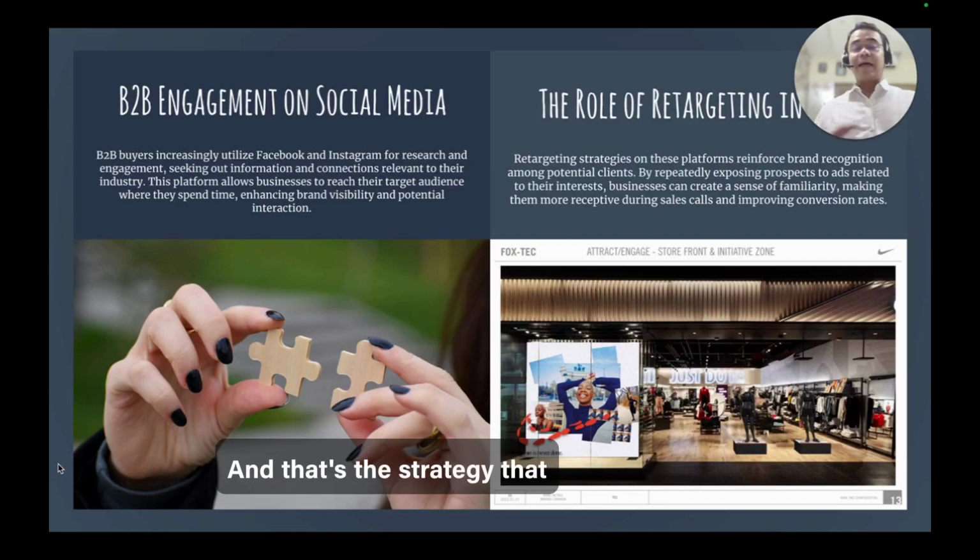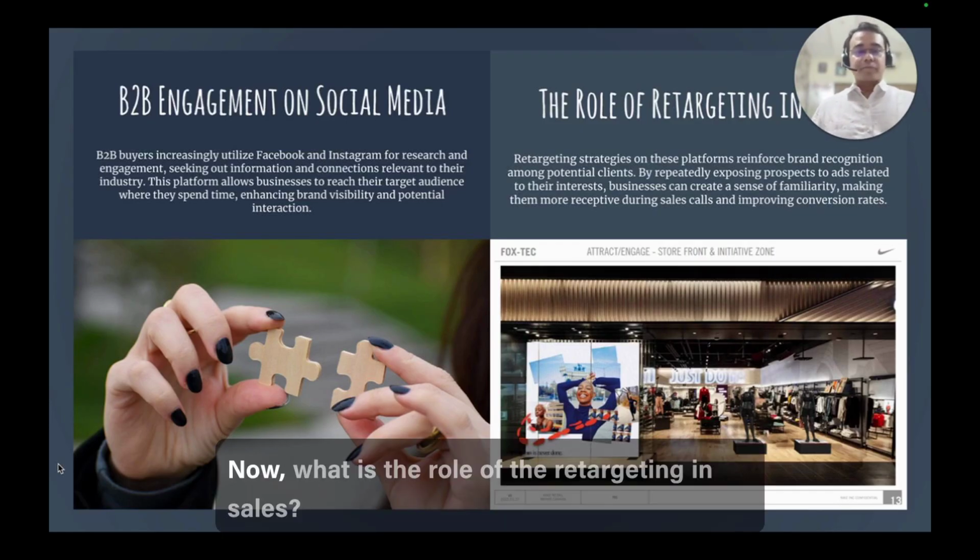That's the strategy that we should be looking at in order to leverage the power of these platforms, so as to provide the right set of information and connection which is relevant to the particular industry that a customer would typically look at. And this platform allows businesses to reach their target audience where they spend more time, and it increases the overall visibility and potential engagement.